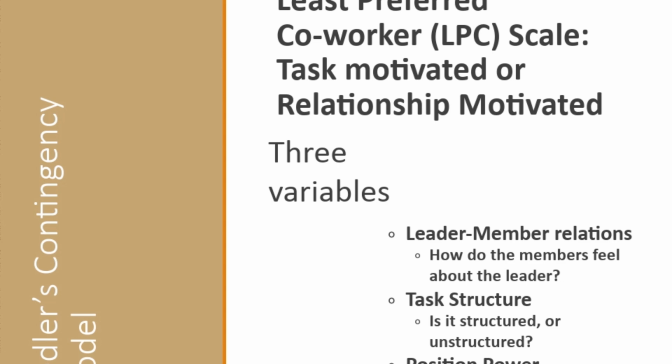On the other hand, a task is unstructured when there are no clear rules in place to follow and it is difficult to verify its completion. A good example of a structured task is working as a cashier in a bank where the rules of managing accounts and the employees have been clearly communicated.